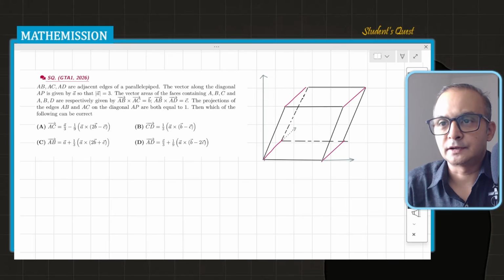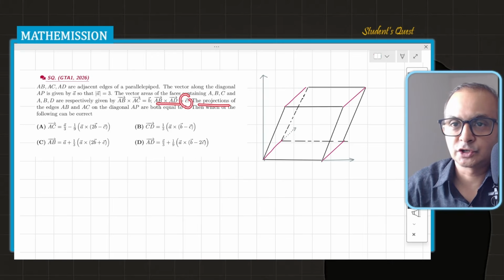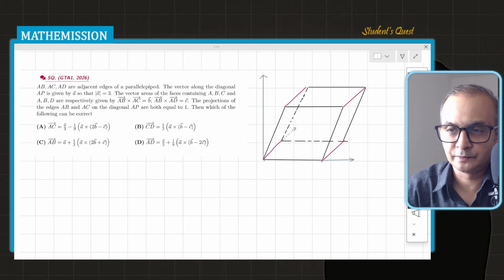The vector areas of the faces containing ABC and ABD are respectively given by AB cross AC, which is vector b, and AB cross AD is vector c. The projections of edges AB and AC on the diagonal AP are both equal to 1. Then which of the following can be correct?